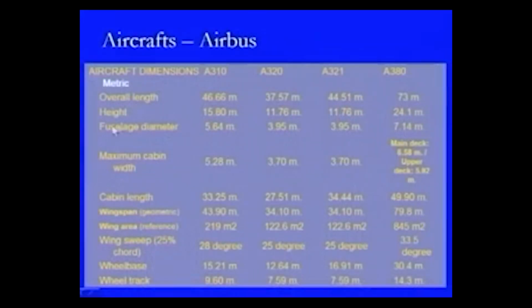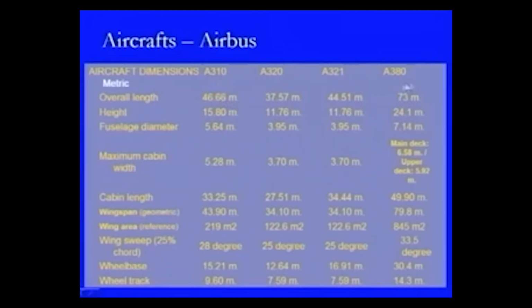Then these are the characteristics related to Airbus. In this case, they are overall length, height, fuselage diameter, maximum cabin width, cabin length, and so on. And what we can see is the comparison of the A380, which is 73 meters long as compared to the other ones, which are at the maximum 47 meters long.